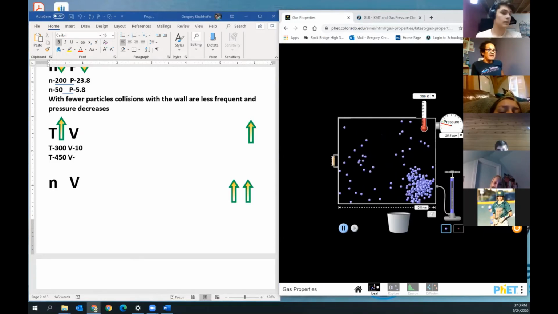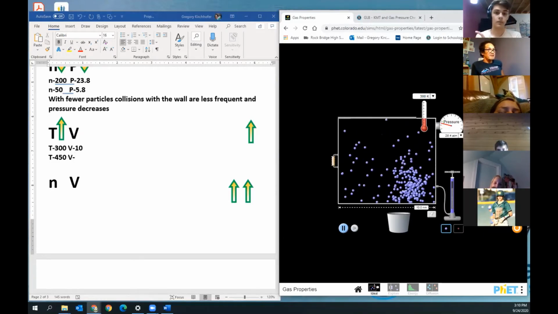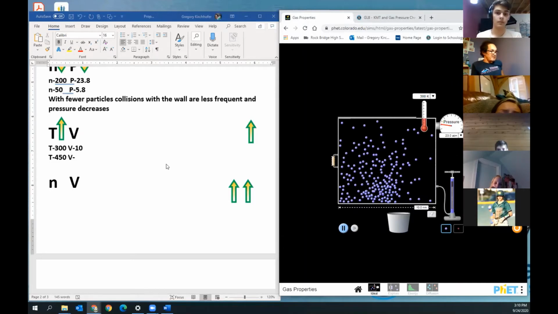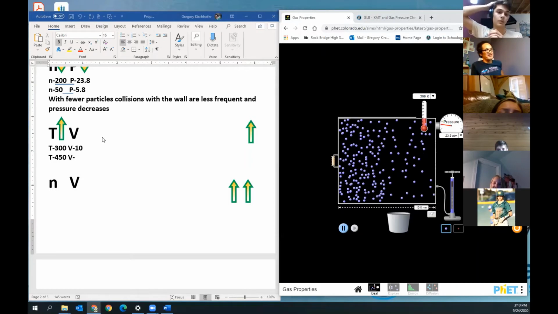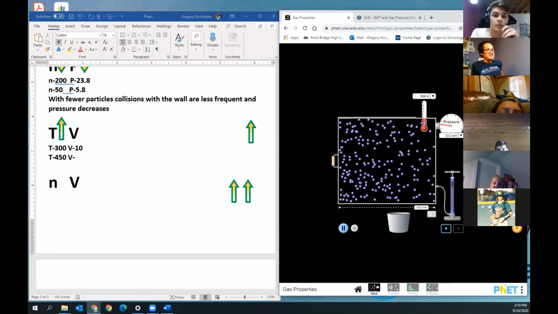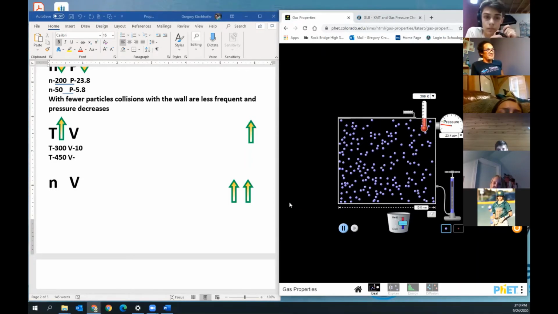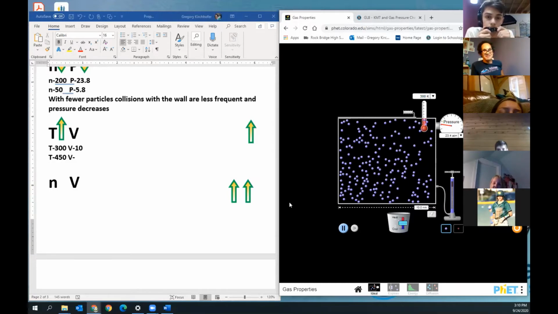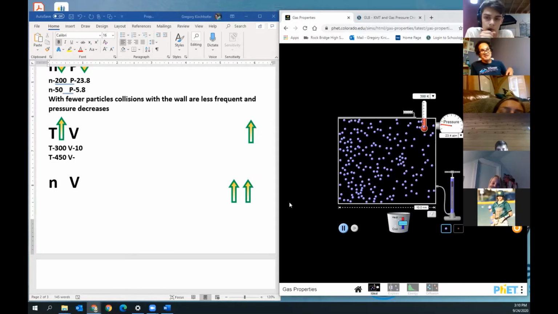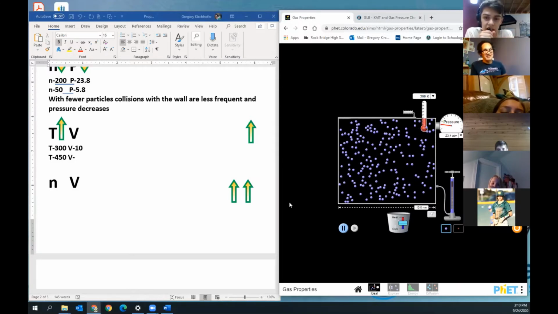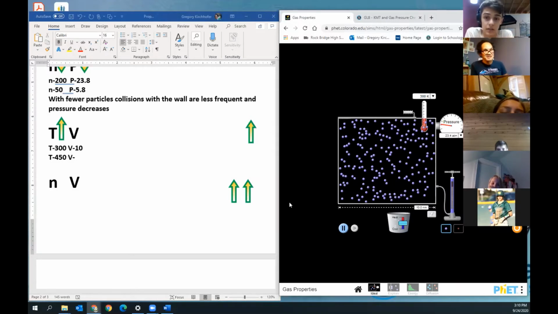Well, if we lock, there we go. Yeah, so we're going to do this, which means we're not going to change pressure and we're not going to change temperature, which means the volume is going to have to change, because if you change one of those four properties, at least one of the other three has to change.